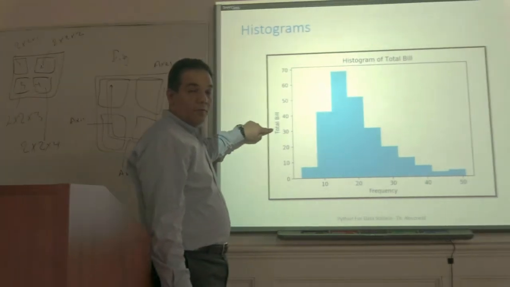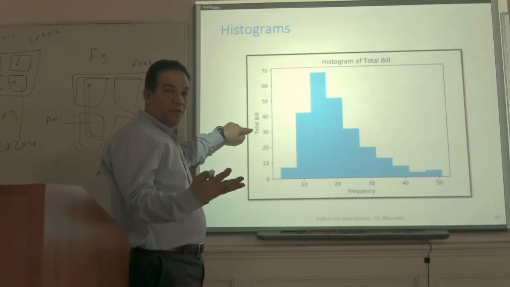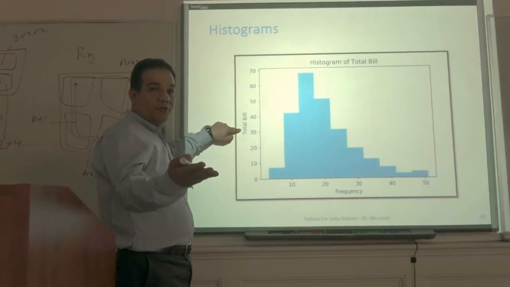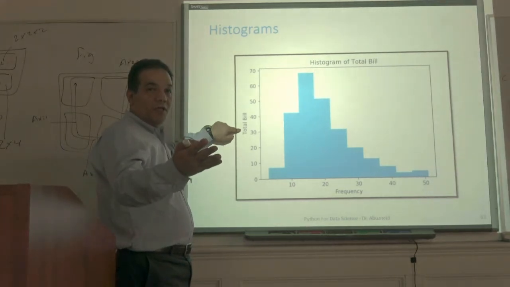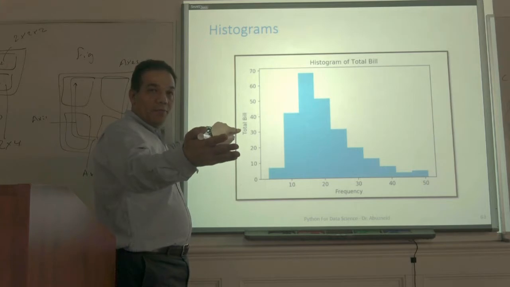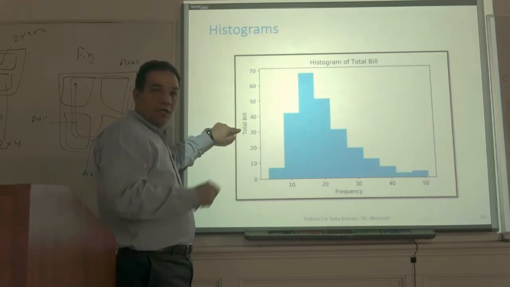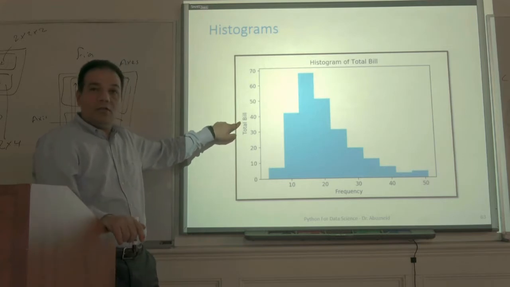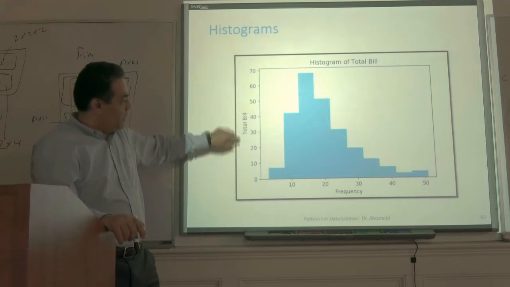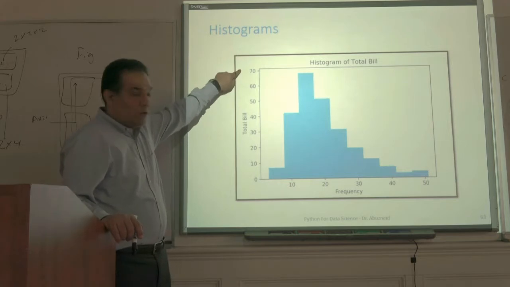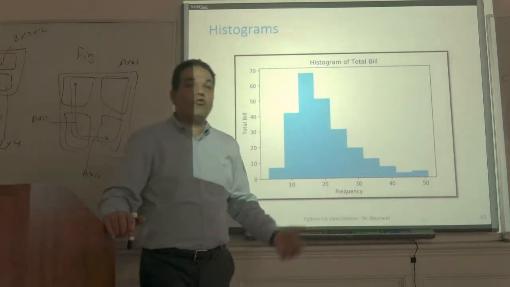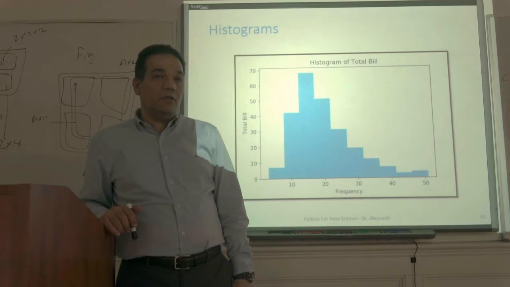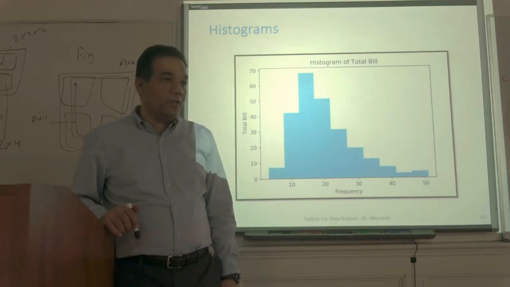There is a data set that has the total bill, the size of the party, morning or evening, and the total tip. So we looked at one column, which is the total bill, in dollars. And this is the frequency. The histogram tells you the frequency.